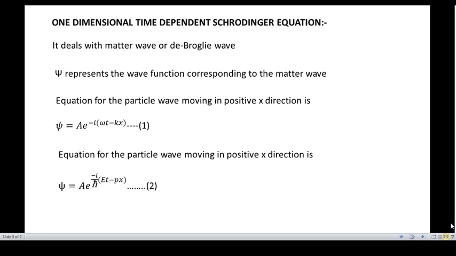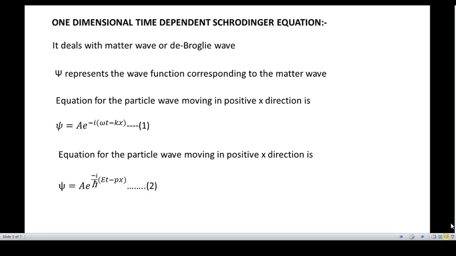That is, according to de Broglie, matter can behave both as wave and also as particle. So therefore, he gave an equation, that is lambda is equal to h divided by m into v. You all know that, right?